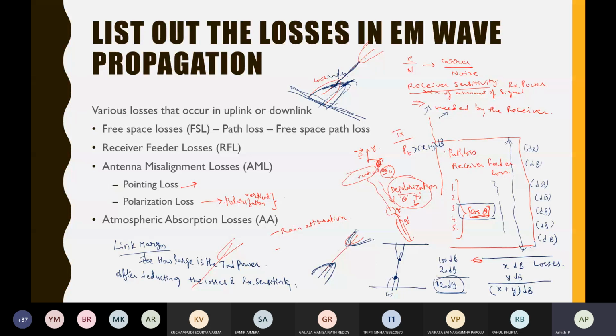This is called the link budget. It is very famous in all types of communication; in wireless communication also there is a link budget.